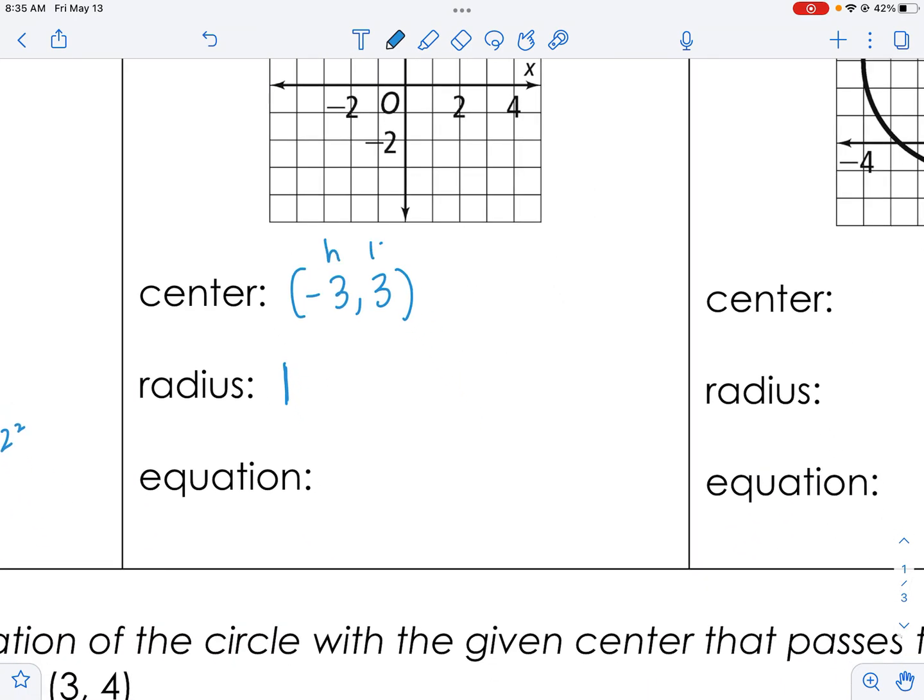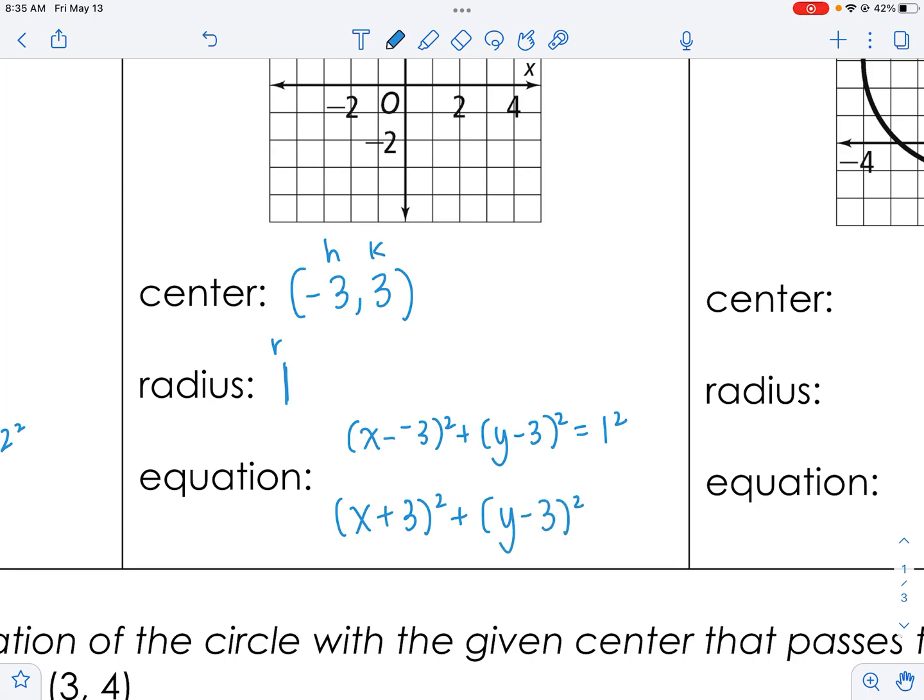So I have my h, k, and r, and now I'm going to plug it in. x minus negative 3 squared plus y minus 3 squared equals 1 squared. Then we simplify: x plus 3 squared plus y minus 3 squared equals 1 squared, which is 1 times 1, just 1. And that's it.